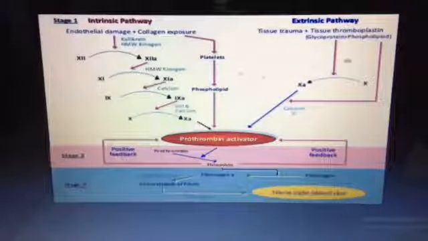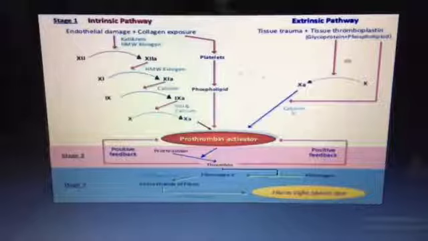And this is also feedback, see here, positive feedback, because factor 5 could be activated by thrombin formed from prothrombin. By thrombin, factor 5 can be activated. This factor 5 now accelerates the formation of prothrombin activator, and this again forms the thrombin from prothrombin.